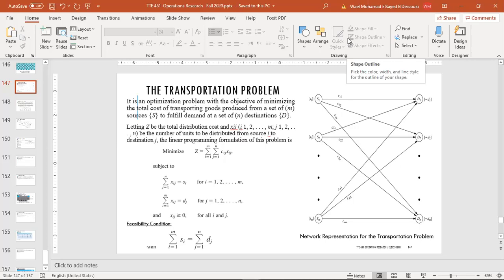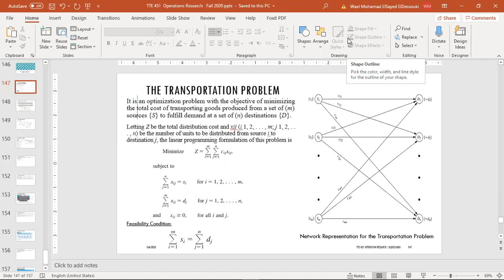As you can see from the constraints here, they are equations, so we don't have slack and surplus variables. If we were to write a simplex tableau, we are not going to have slack and surplus.